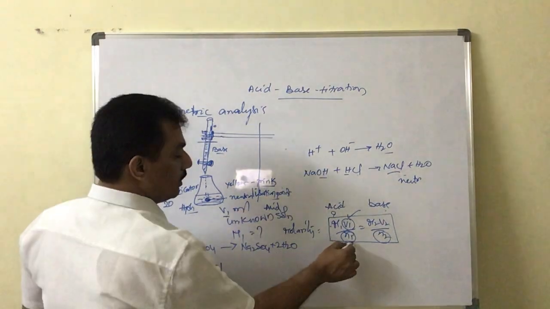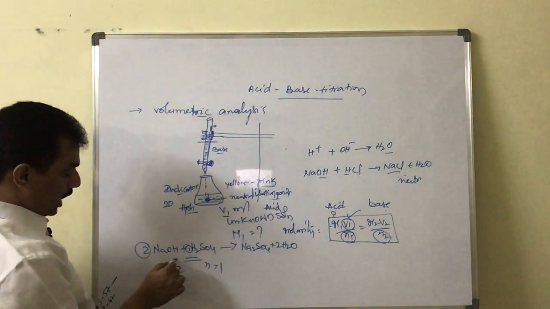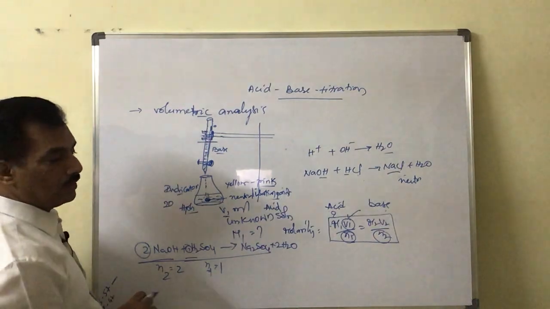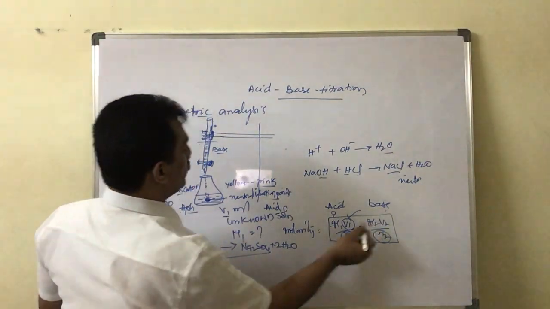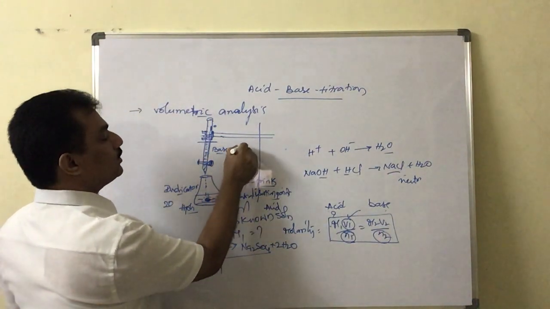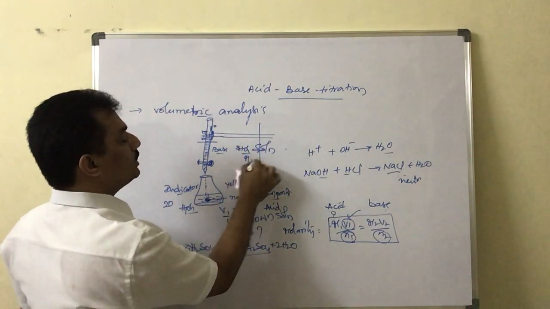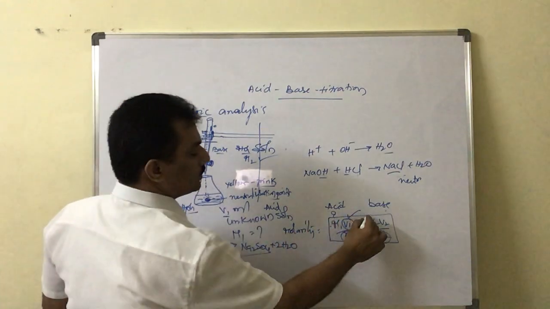And this N1 is from the stoichiometric equation, the balanced equation. This is N1, we know. And M2, this base, a standard solution, means its concentration is known, so M2 is known.